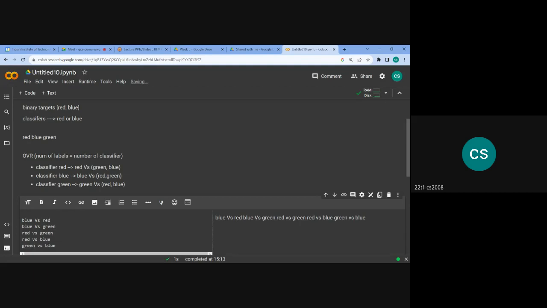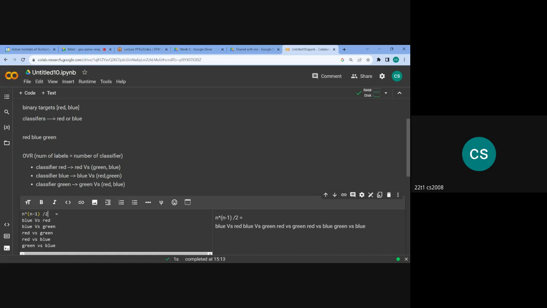So what will the count be? n into n minus 1, divided by 2, I guess. We had 3, so 3 into 2 is 6.